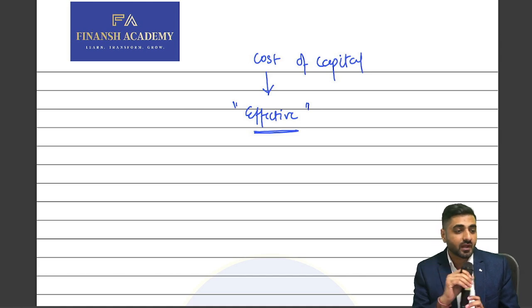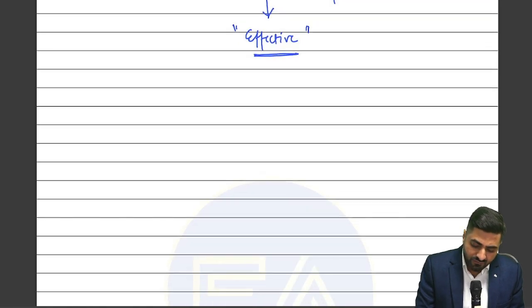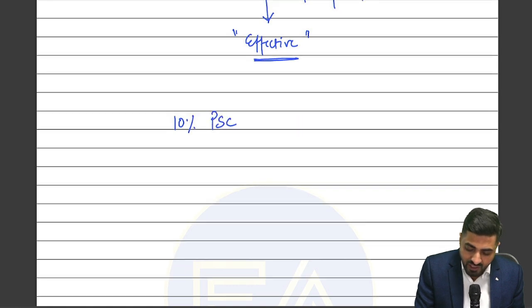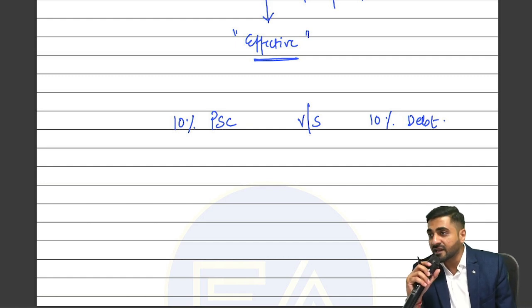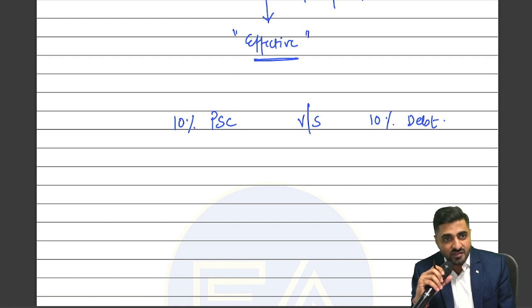Now see, whether you buy 10% debt, 10% preference shares, you have to raise 10 lakh rupees.